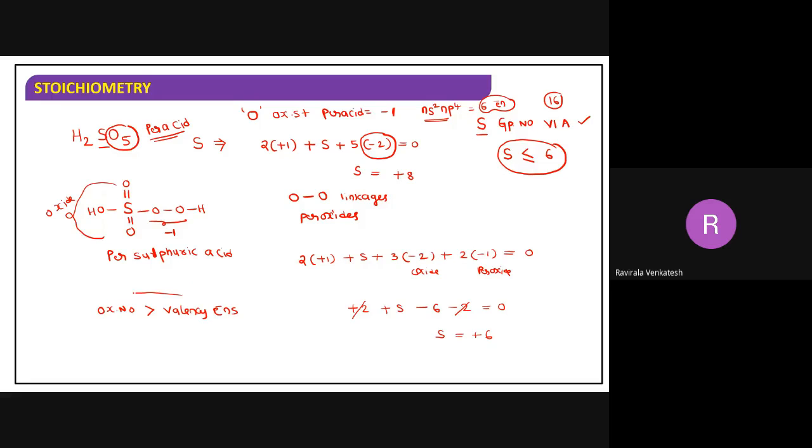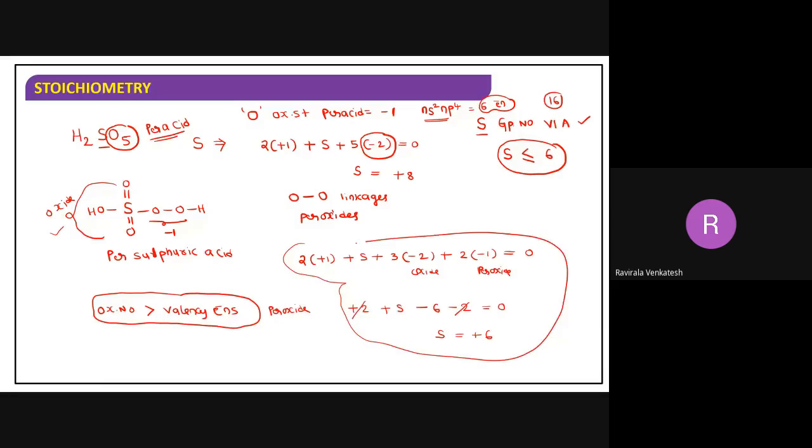In this case only you will get peroxides. All of you note this down better. Note down the structure and this formula, and note this one also.